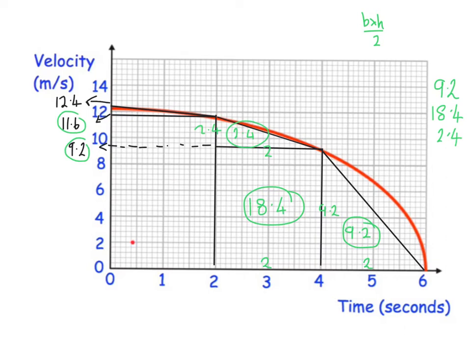Next up, we've got this rectangle here. Again, 2 across. And this time it's going up to the 11.6. It's going up to this line here. So 11.6 up. 2 times 11.6 equals 23.2.